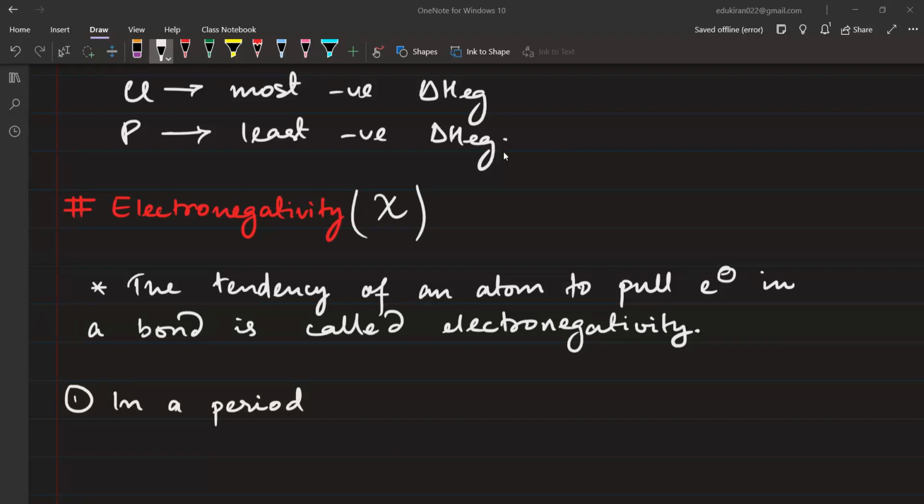It is not accepting the electron completely, it is just pulling it towards itself in a covalent bond. So in a period, left to right, the electronegativity will increase as Z effective increases and size decreases.